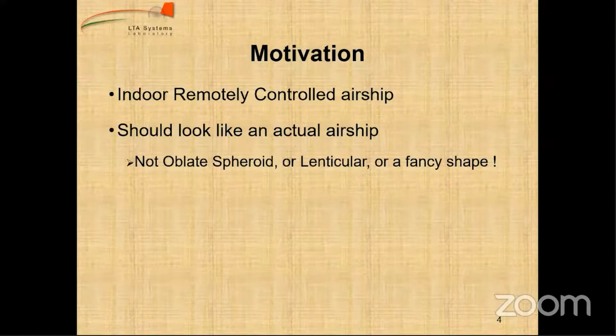In top view it is circular, and in side view it is ellipsoidal. We will not look at any of the fancy shapes, lenticular, or other variations. We will focus only on the very simple actual shape of airship which we have seen, like an ellipsoid.